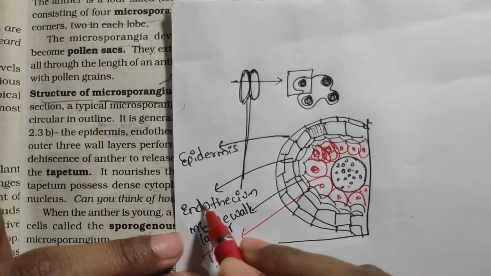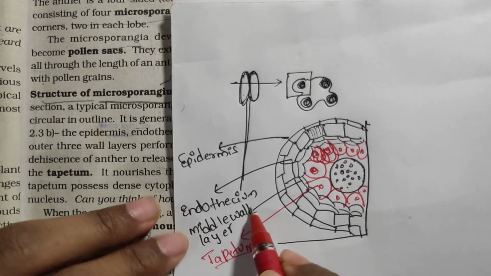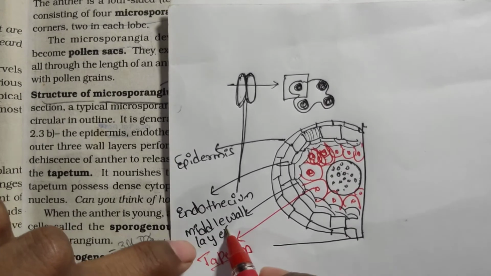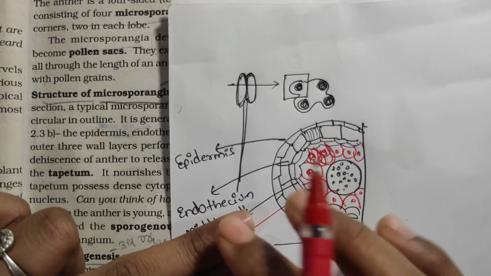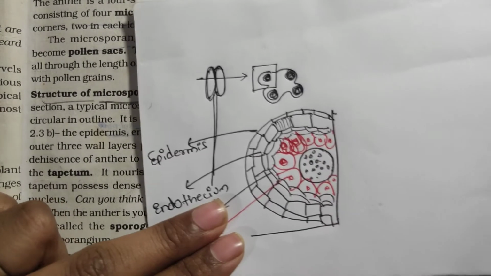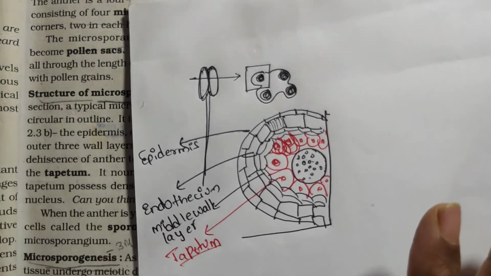Even these two have important roles. They degenerate at maturity. We can't see the tapetum or the middle wall layers, so when they are not present, we call them ephemeral in nature. Ephemeral is a new term you will be learning.